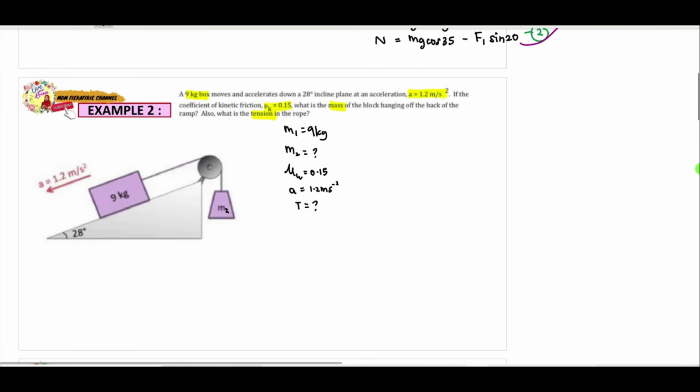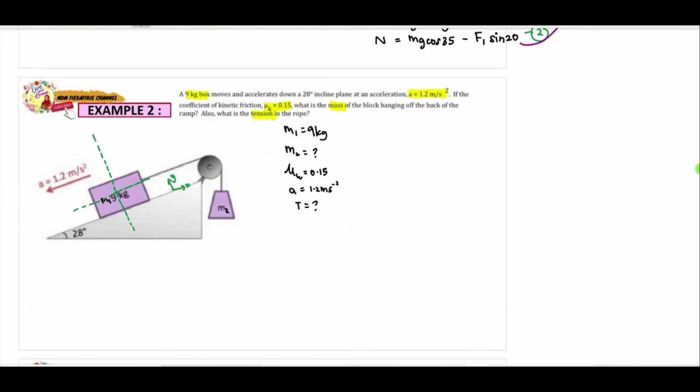But before we start, let's draw the free body diagram. Okay, so we start with M1 first. Okay, sama macam apa yang kita buat tadi. Okay, so this would be X component. And this would be Y component. Okay, X component mesti yang selari dengan surface ini. X component. Yang perpendicular adalah Y component.